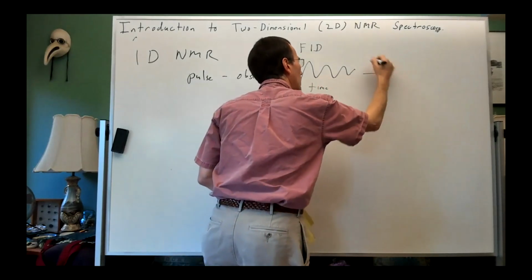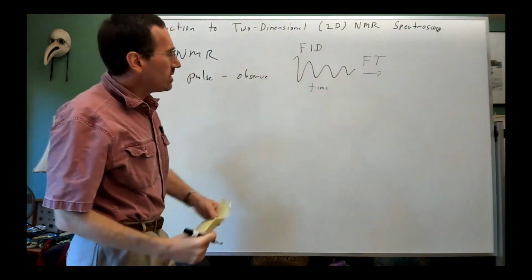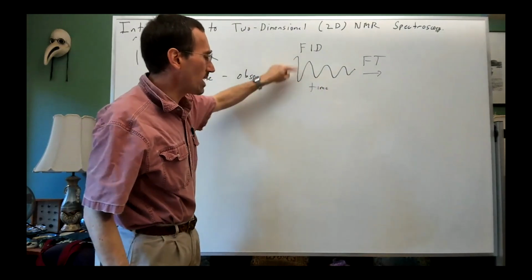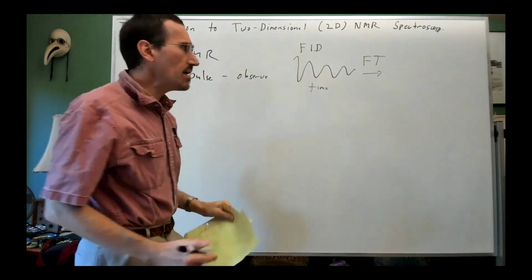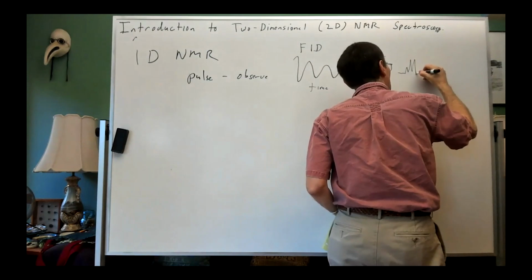And when we Fourier transform, we convert the time dimension. Basically, this is seconds, so we're getting amplitude versus time. We convert the time dimension to a frequency dimension.